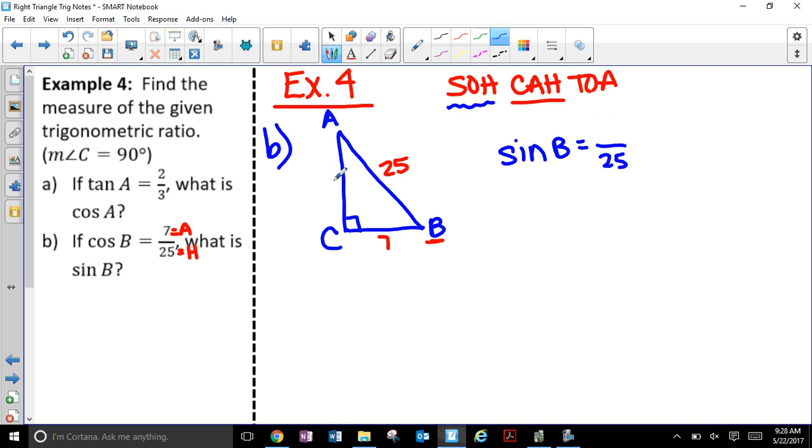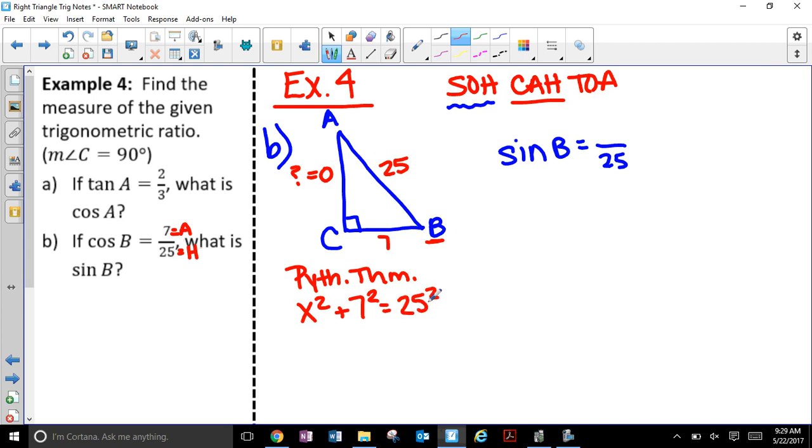This would be your opposite leg, which we don't know what that is. Okay, so again, if you have two sides of a right triangle and you want to find the third side, you have to use Pythagorean theorem. This time, though, if I call this side x, so x squared plus 7 squared equals your hypotenuse squared.